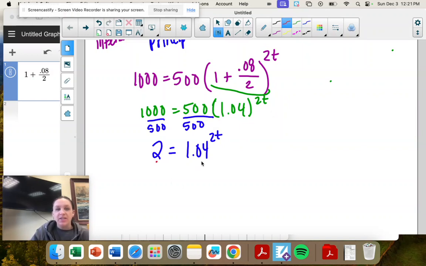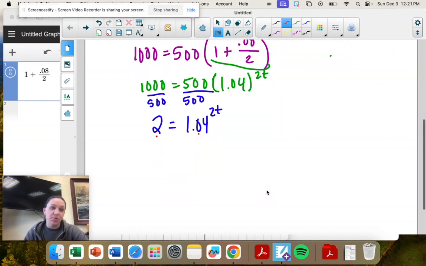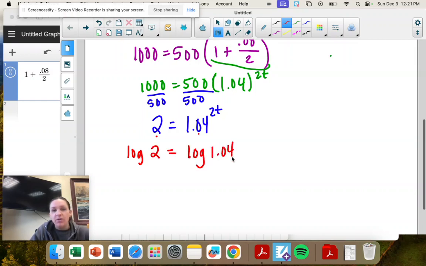Okay, different bases. We have 2 and 1.04. So do you remember how to solve these? It's from 1.2. We take log base 10, or the common log of both sides. So I have log 2 and then log of 1.04 to the 2t. Once we have a logarithm, we can use the power property and bring down that 2t.